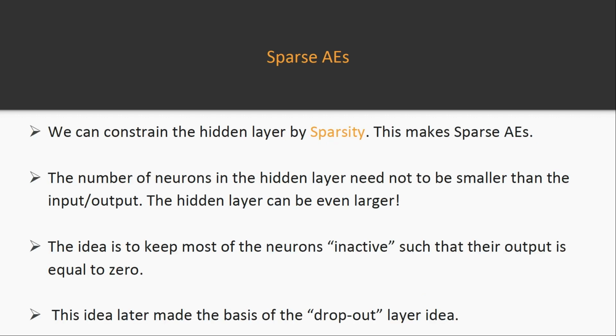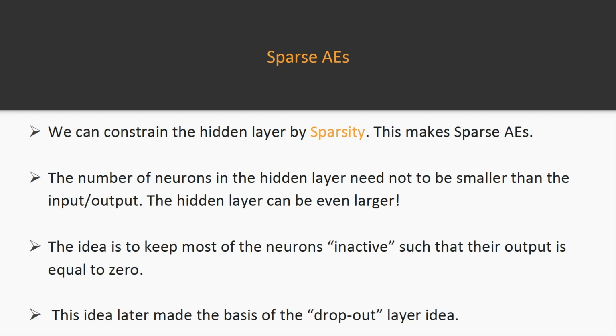In this slide, we are going to talk about another type of the autoencoders which are of great importance. This specific type of autoencoders are called sparse autoencoders. In this case, we can violate the previously mentioned constraint on the number of the neurons in the hidden layer.